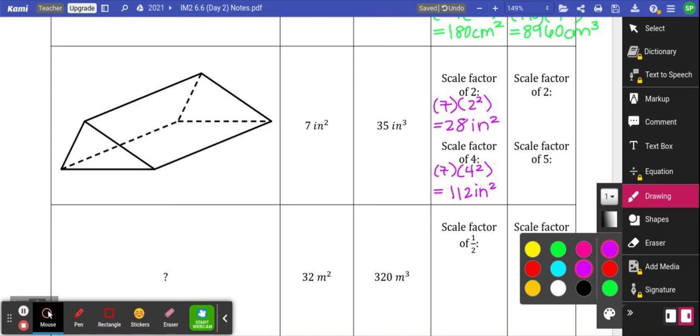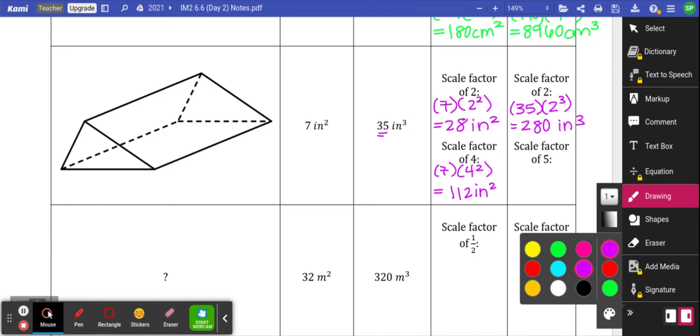Now, if we move over to volume, remember you're taking the scale factor cubed. Notice our original volume here on the left is 35 inches cubed. So we're going to take 35 times 2 cubed, and that's going to give us a new volume of 280 inches cubed.